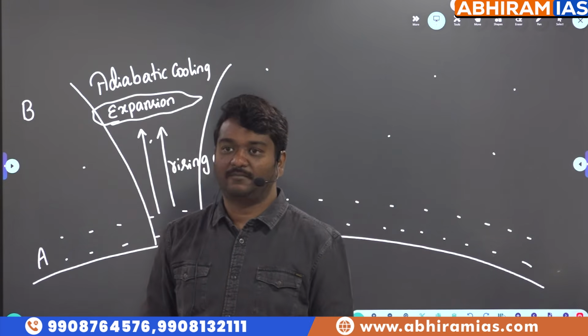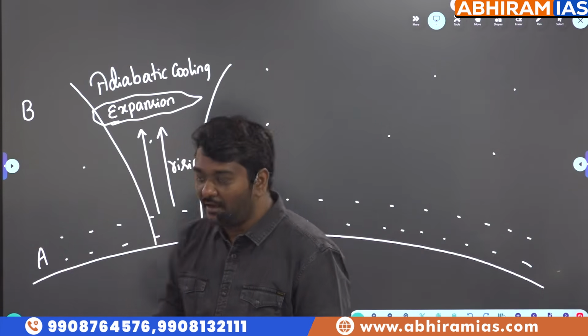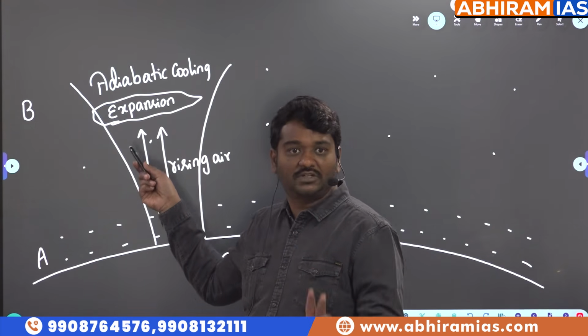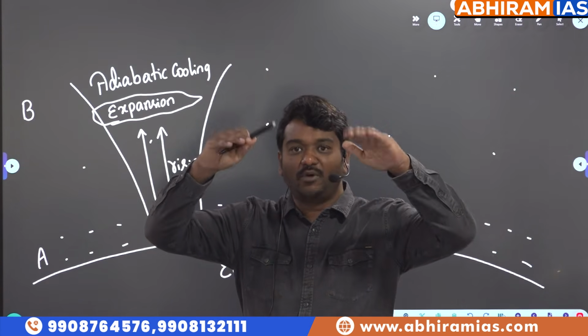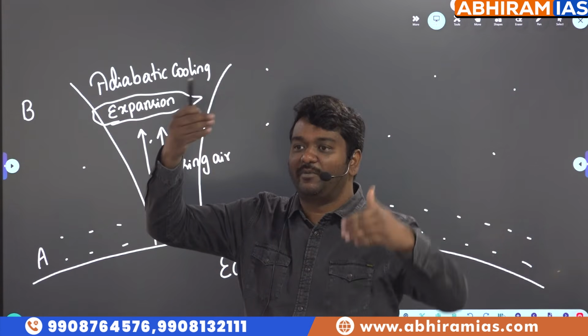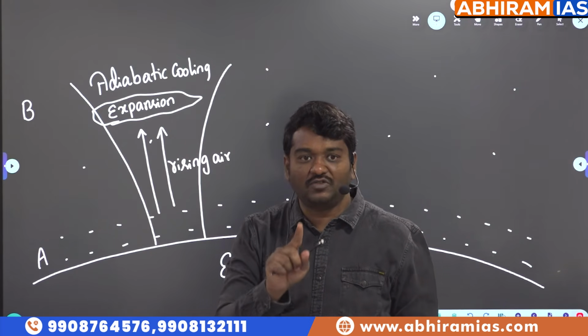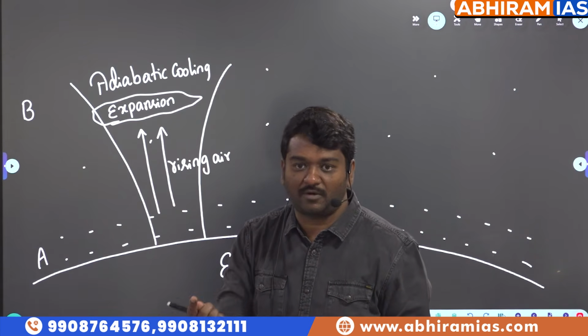Rainfall will come. So for rainfall to come, there must be rising air. What are the two words here? Air rises, there will be adiabatic cooling. The moment adiabatic cooling occurs, clouds will be formed. Clouds will give rainfall. So wherever you see adiabatic cooling, the possibility of rainfall will be more.